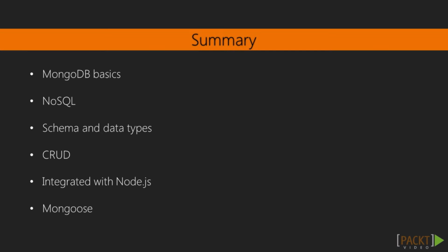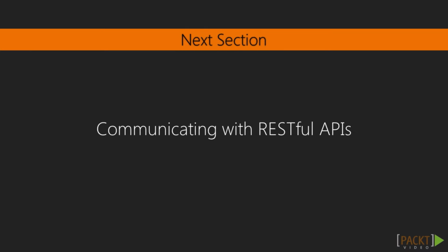We learned how to use Mongo Shell to do CRUD operations by finding, inserting, updating and removing documents. We learned how to execute the same CRUD operations in Node.js. In the next section, we will learn about RESTful APIs. It will provide different views on how we can consume them, and we will continue expanding our feedback application.